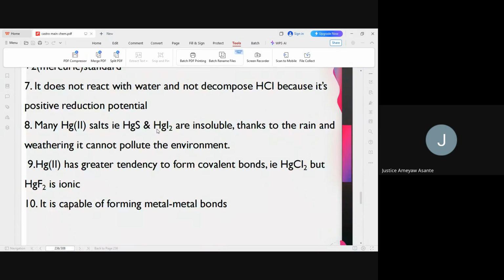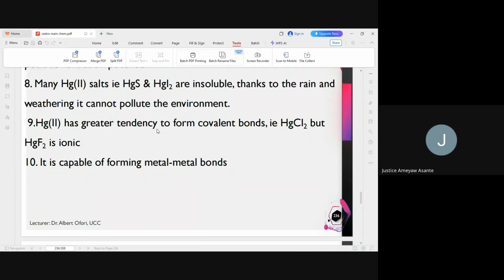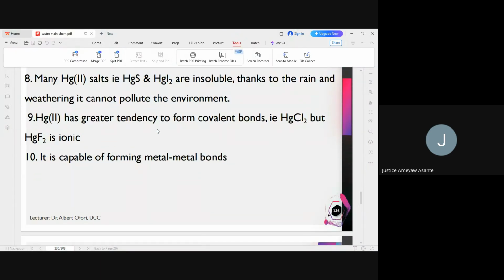Many mercury(II) salts are insoluble, thanks to the rain and weather, so it cannot pollute the environment. Mercury(II) has a greater tendency to form covalent bonds with fluorine, but mercury fluoride is ionic. It is capable of forming metal-metal bonds.